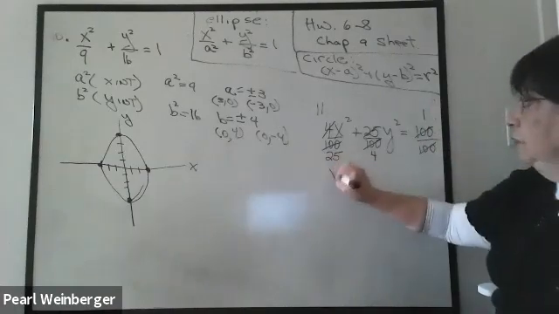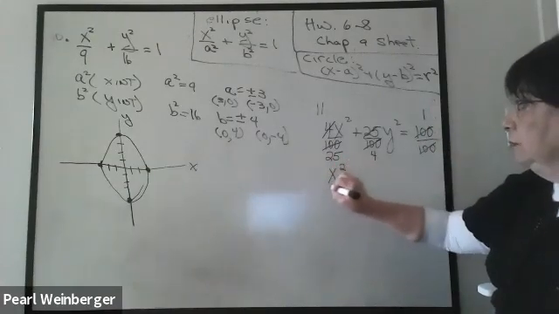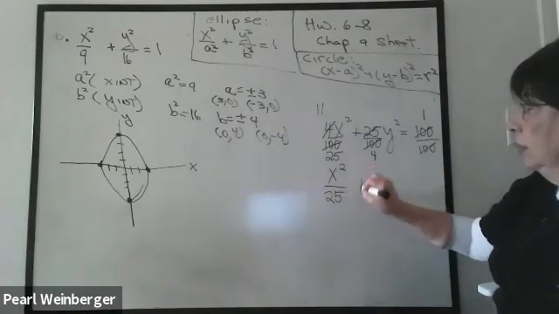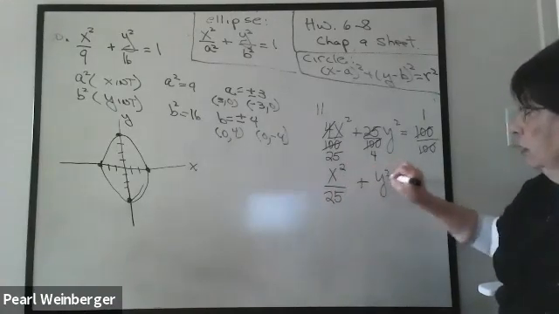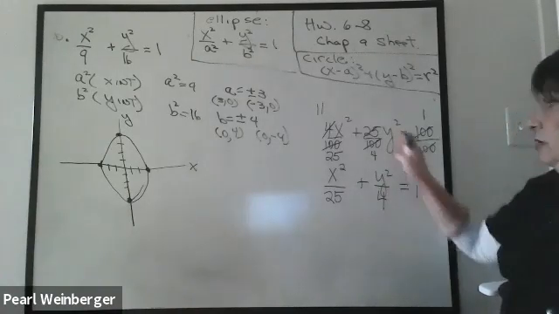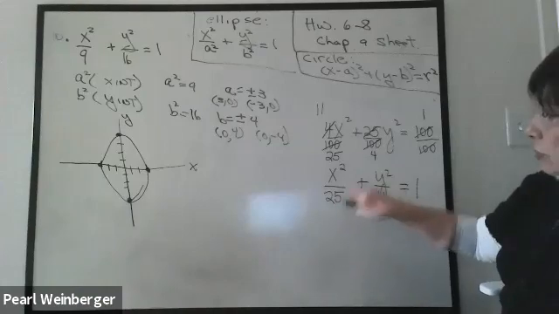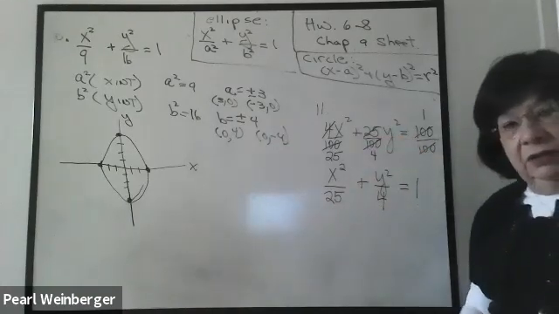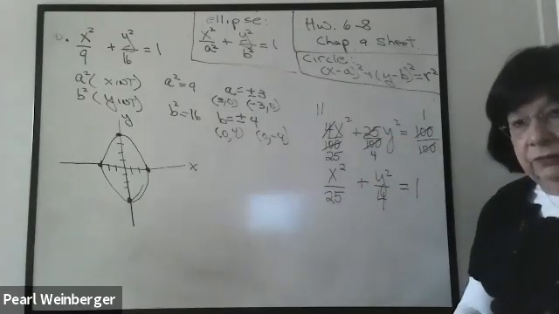So in standard format, this equation becomes x squared over 25 plus y squared over 4 equals 1. Notice it sort of switches. What was originally next to the y becomes the denominator of the x.